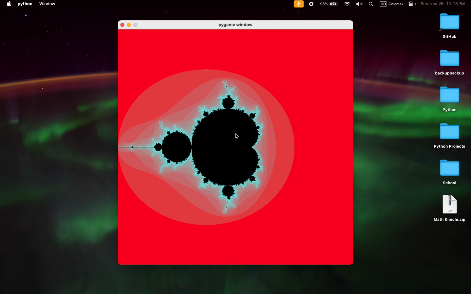It's a set in a complex plane. The fact that it's a complex plane means that this axis represents the real axis, so numbers like 1, 2, 3 and negative pi or something like that.